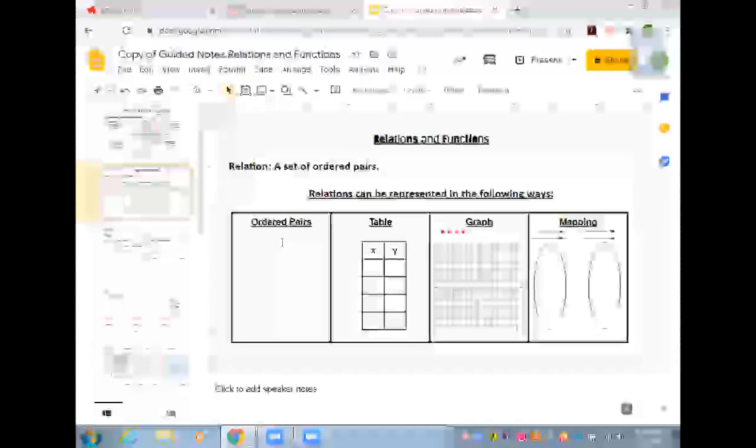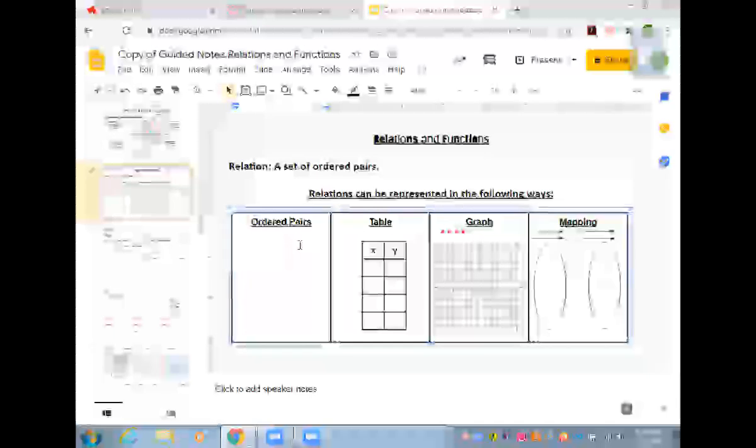So let's come up with some ordered pairs to make our relation. If we look at my graph, it looks like I can only go up to about 6, so somewhere between -6 and 6. Give me an ordered pair. Anything you want. 4 and 4.